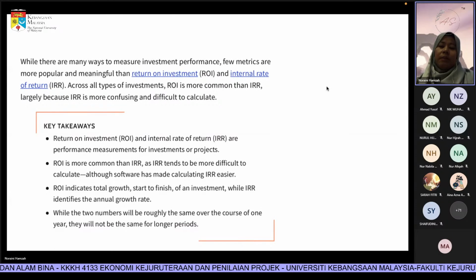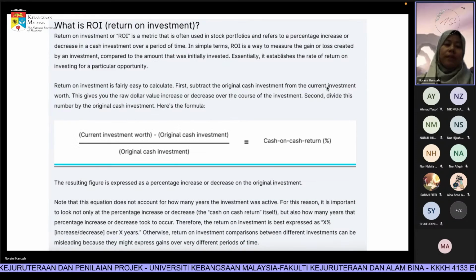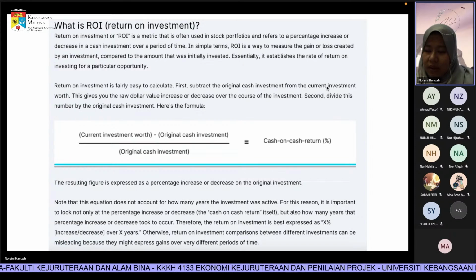Tapi the longer, okay, they will not be the same for longer periods. Okay, because as I said, the nature of the formula itself nanti. As you can see, the ROI is very much more straightforward. So net worth, as I said lah, the investment, the current investment worth, maksudnya you punya pluses, okay, all your pluses lah, all your profits and everything, the current at the data date means at that particular moment yang you nak kira ni.